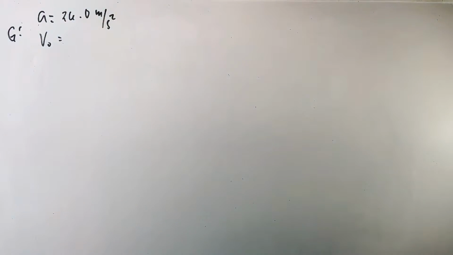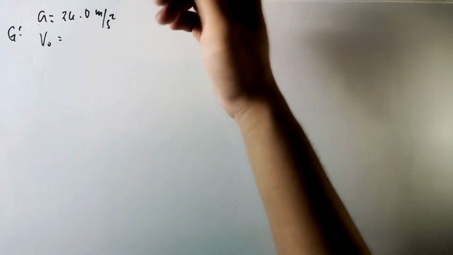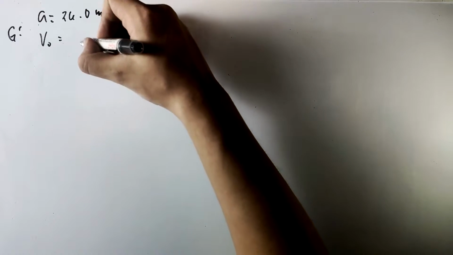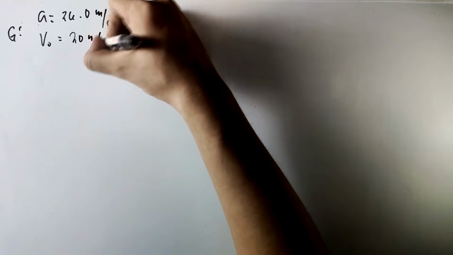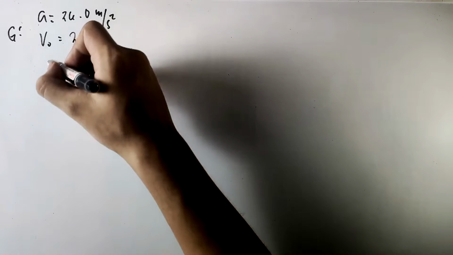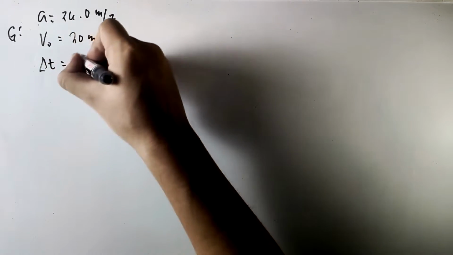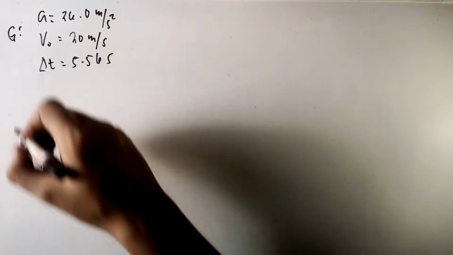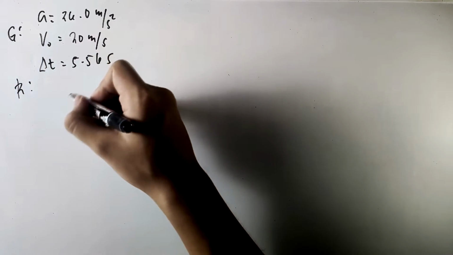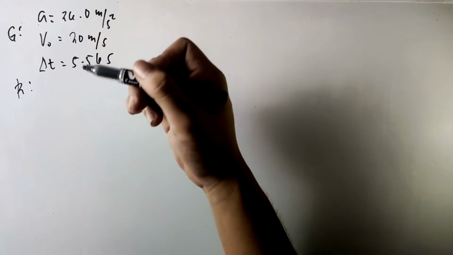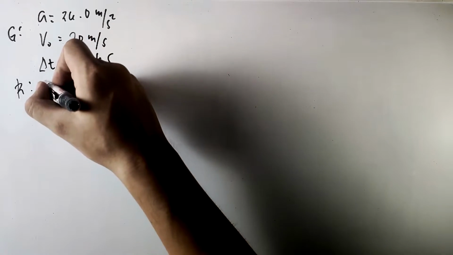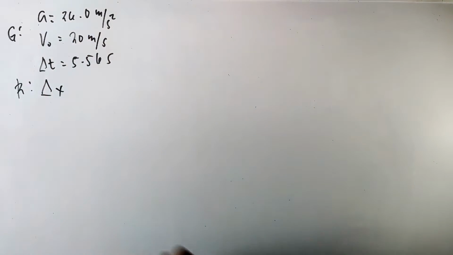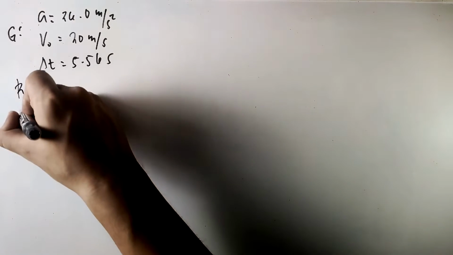From is coming from, to is going to. So this is 20 meters per second. And then we have a time, which is 5.56 seconds. For the required, what we need is how far does it travel, so the distance covered, or the displacement, which is of course delta x.